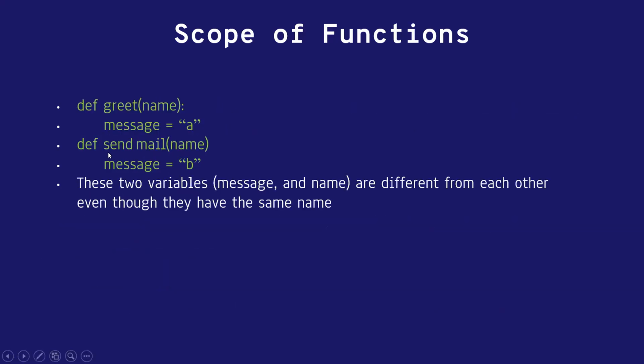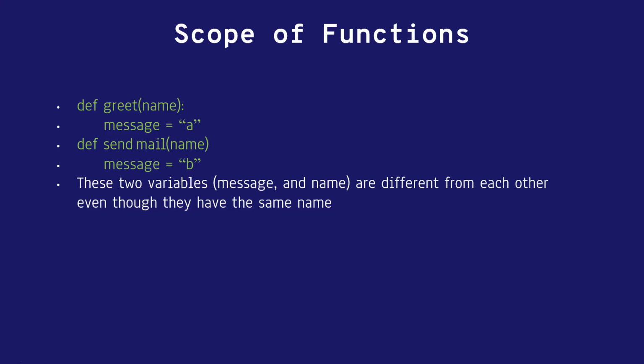So we have this function, with these two variables, message and name. We have name here, message equals A, and then we have send mail, name, message equals B. So they are different from each other, even though they have the same name.